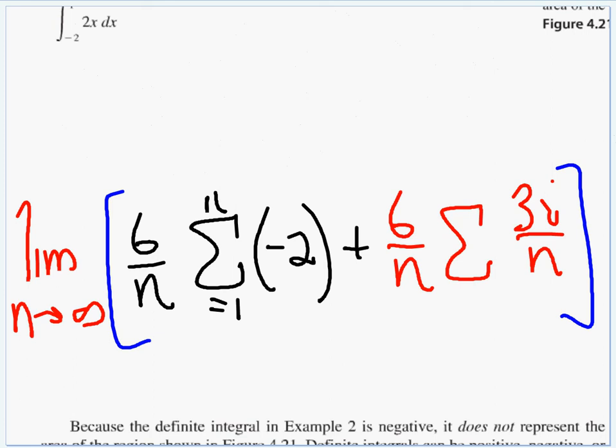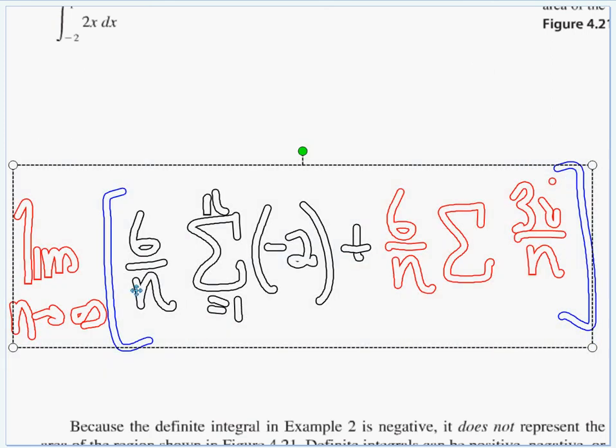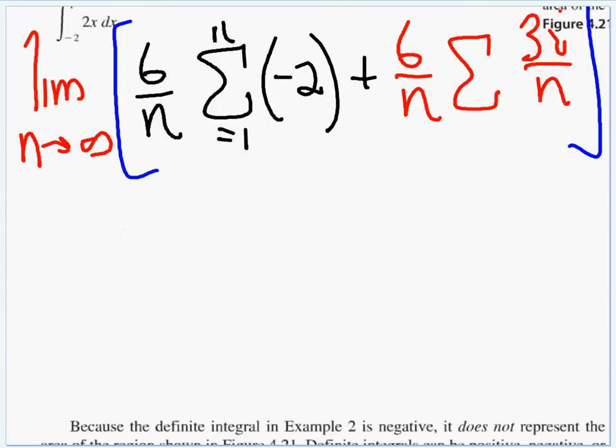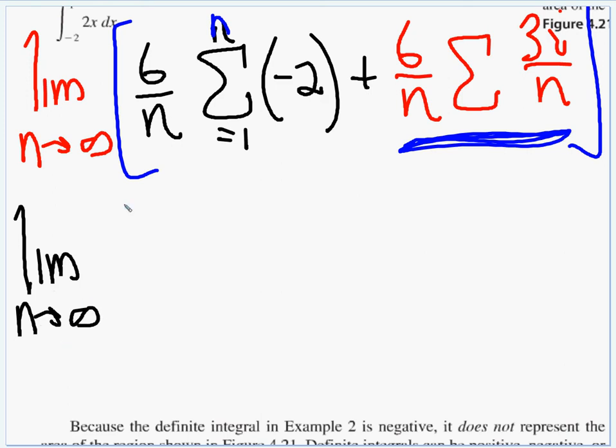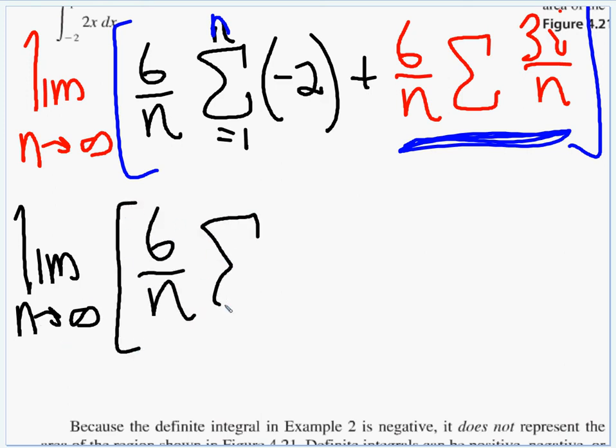Now, before we use our summation formulas, in this second one over here, we've got a 3 over n we can pull out because we just want to leave that i there. So we've still got our limit heading to infinity. We've got 6 over n, summation to n of -2, plus, now here, the 3 over n we can pull out with this.